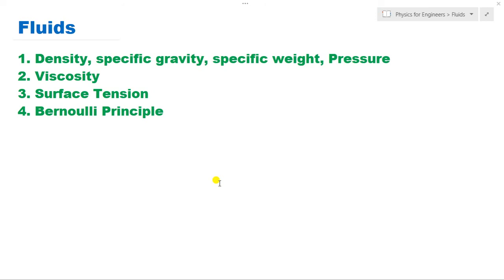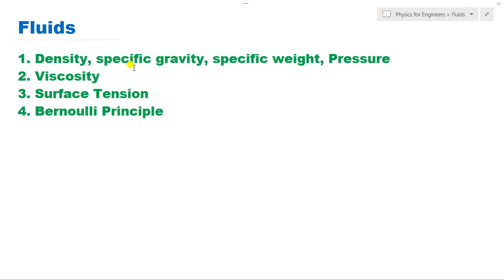In our discussion for today, we are going to touch only important concepts and principles that you can use later on. So I chose these 4 subtopics. The first one is basic concepts about density, specific gravity, specific weight, and pressure.